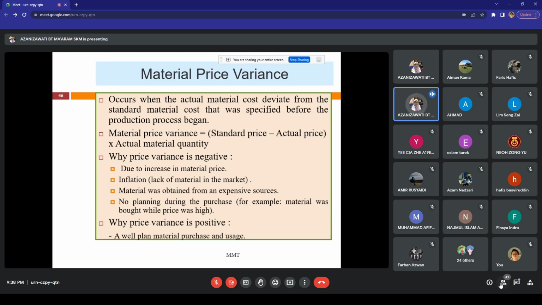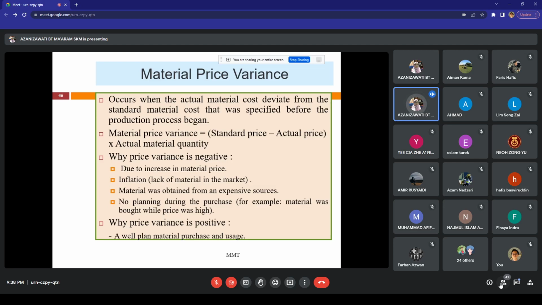So sometimes during the production line, the material price will go up and down. When the price goes up and down, we have to calculate the normal standard price, how much it is. Similar to the face mask.